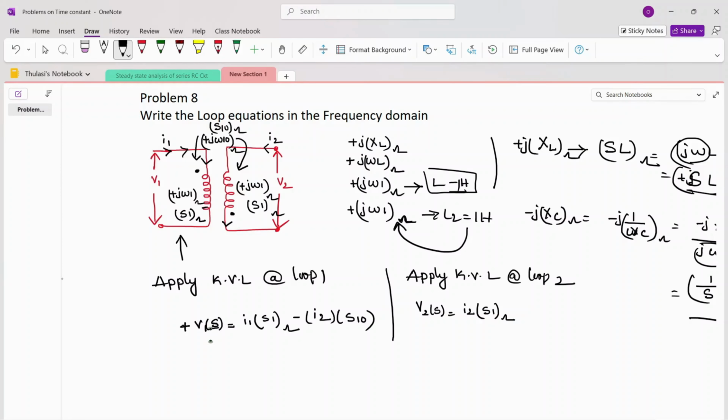Coming to the other coil, here the current is entering the dot and here the current is leaving the dot, therefore you get a mutual inductance with a negative sign. The mutual inductance of the second coil is due to the first coil. What is the current? The current is I1 multiplied by the mutual inductance value, which is S10 ohms.